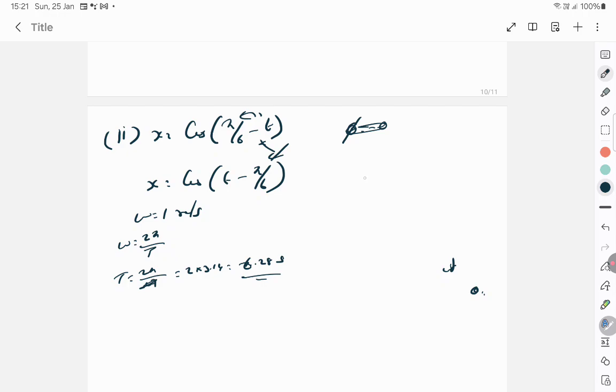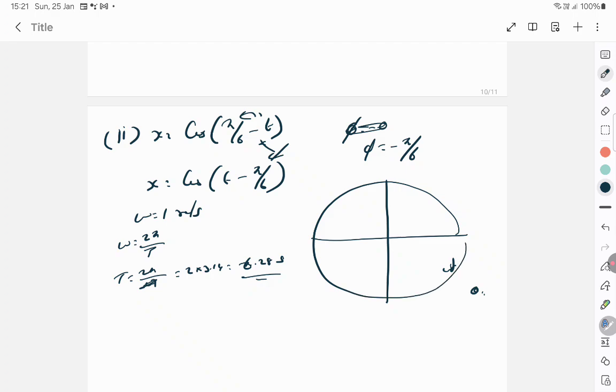The moment I get phi to be minus pi by 6, I understand that in a phasor diagram this is again a cos, which means I'm starting from the extreme position, correct? And it's moving through an angle pi by 6 like this.